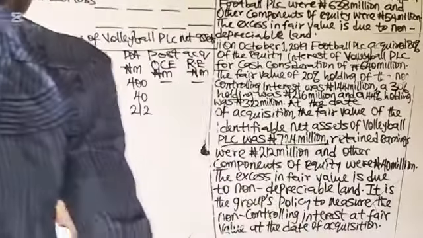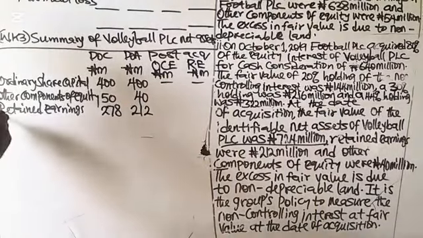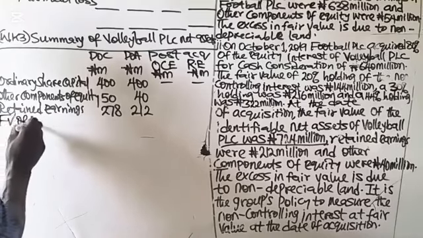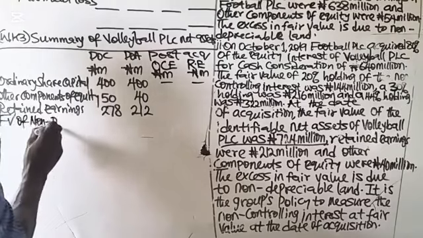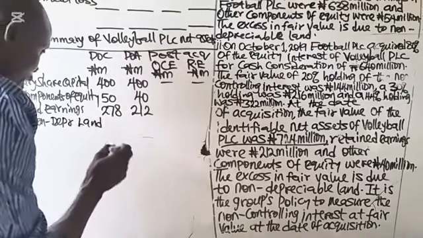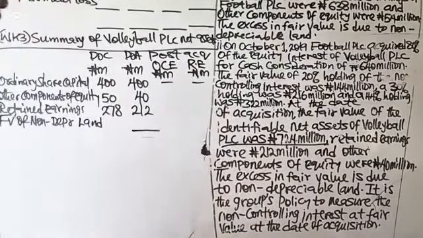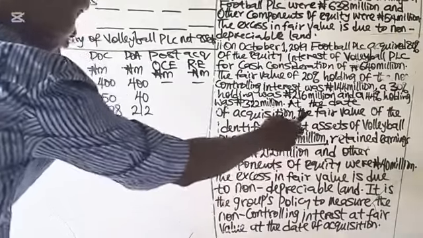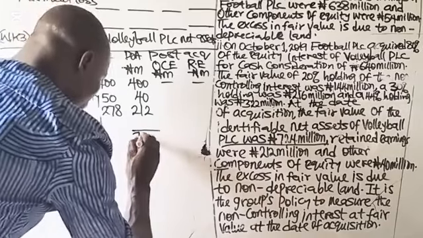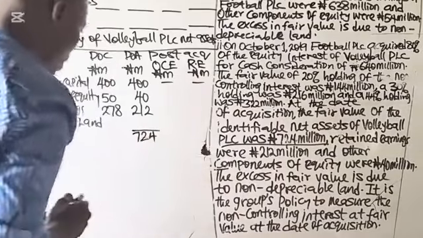So any fair value difference is attributable to non-depreciable land. Remember, the total net assets at the date of acquisition amounted to 724 million.